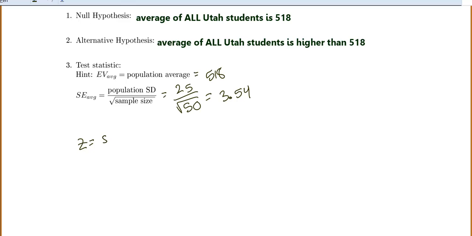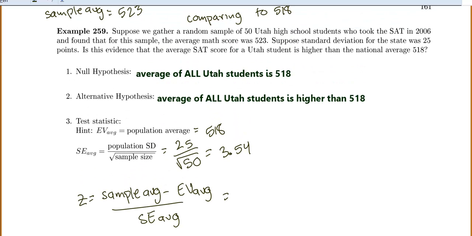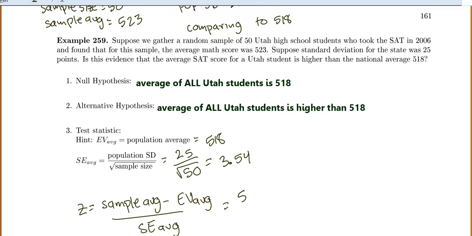So Z equals my sample average minus the expected value divided by the standard error. My sample average was 523, but I expected 518, and the standard error is 3.54. This gives me 1.41.